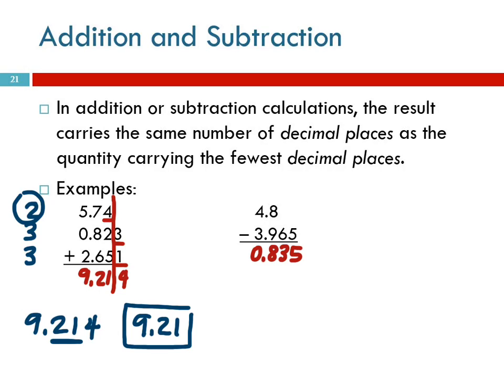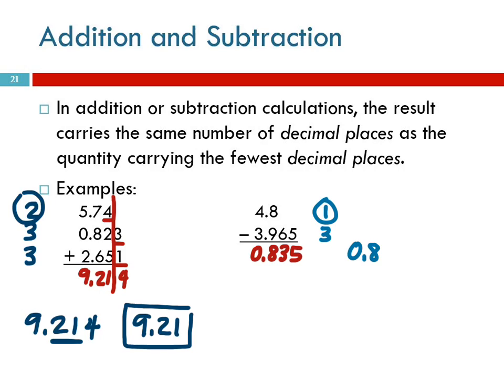How many decimal places in 4.8? 1. 1 decimal place. There's 2 sig figs, but we're subtracting. We're counting decimal places. How many decimal places in 3.965? 3. So 1 is smaller, and so we should take this 0.835 and round it off to 1 decimal place. And so we're going to call it 0.8.